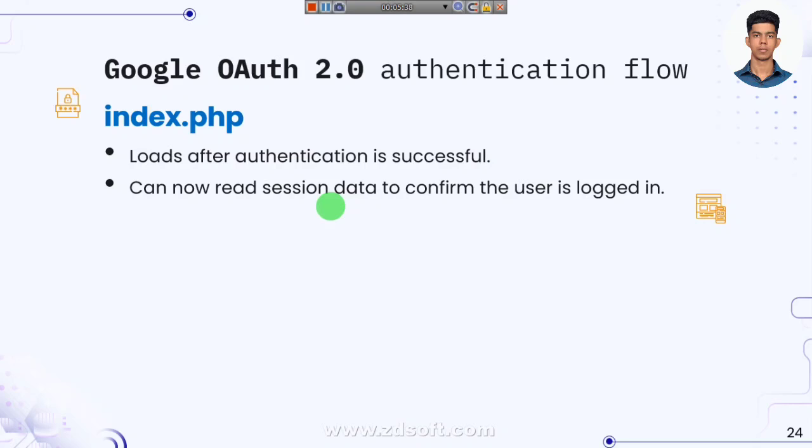The index.php file loads after authentication is successful. Then the app can read session data to confirm the user is logged in. The app fetches user details like name and email and stores them securely in a PHP session.